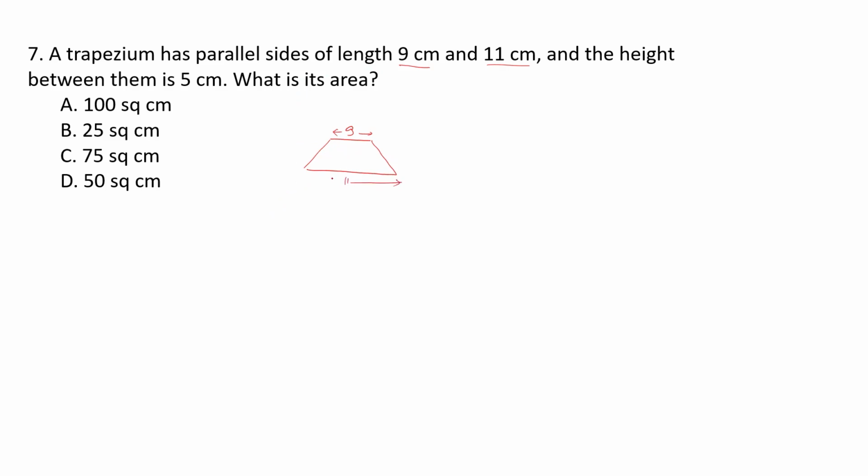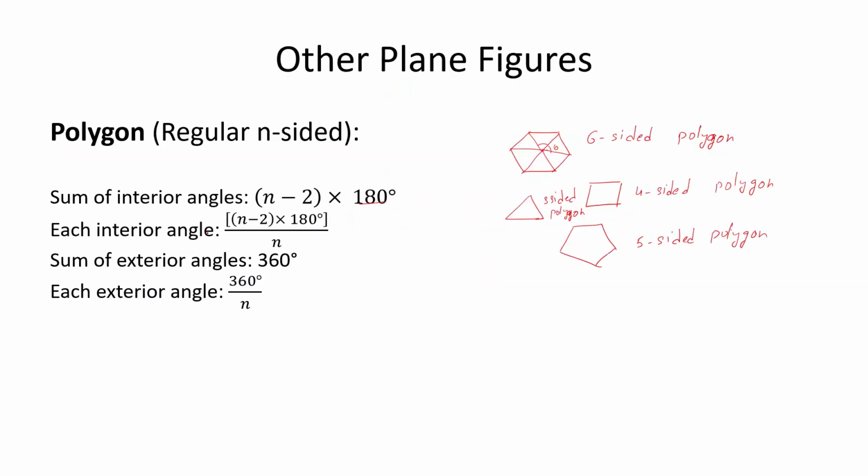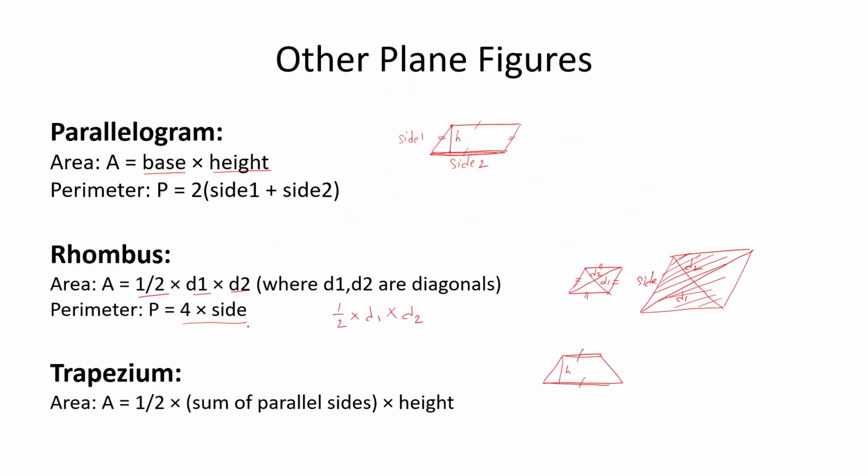This length is 9. This length is 11. And the height between these two is 5 centimeter. What is its area? So, area of a trapezium. I don't remember. Let's see. What is the formula for the area of a trapezium? It is 1 by 2 into the sum of parallel sides into height.